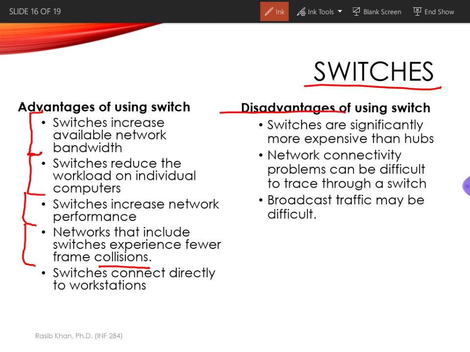However, in terms of the disadvantages, switches are significantly more expensive than hubs. Network connectivity problems are a little difficult to trace through a switch because it doesn't really allow that enhanced feature to trace network troubles.